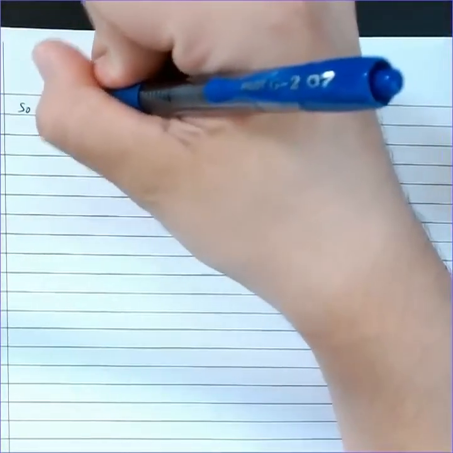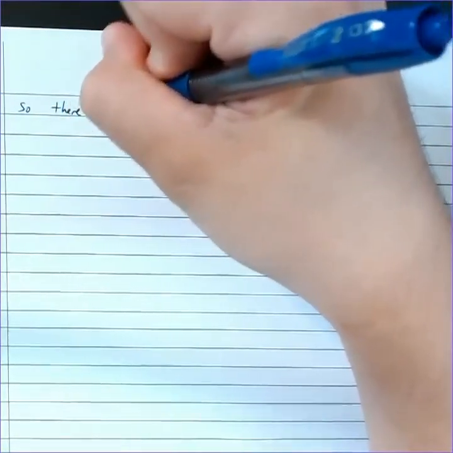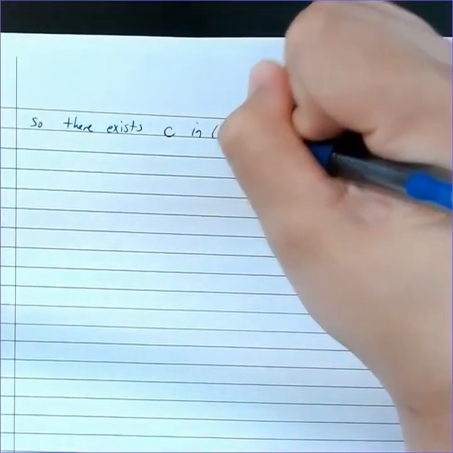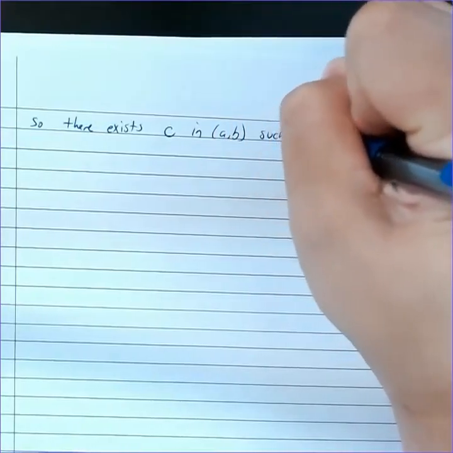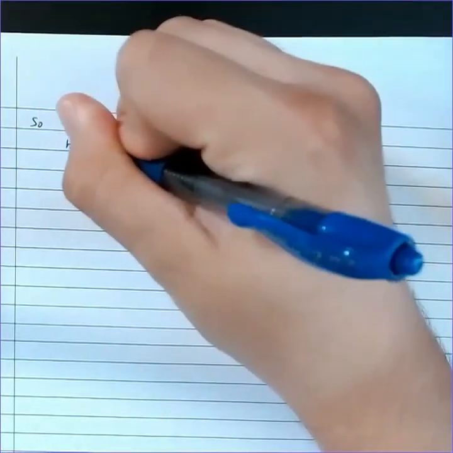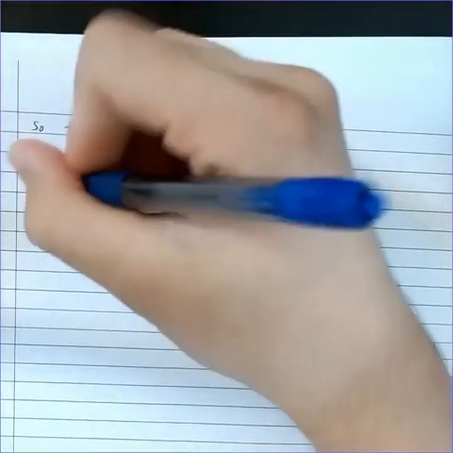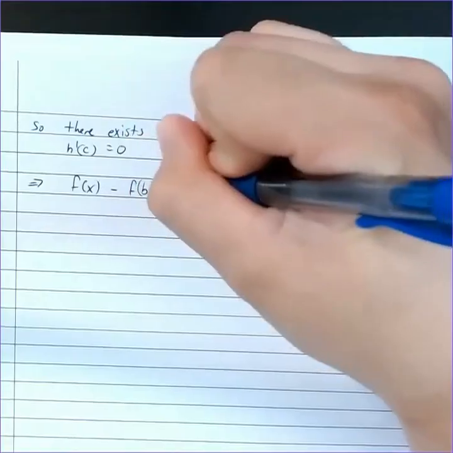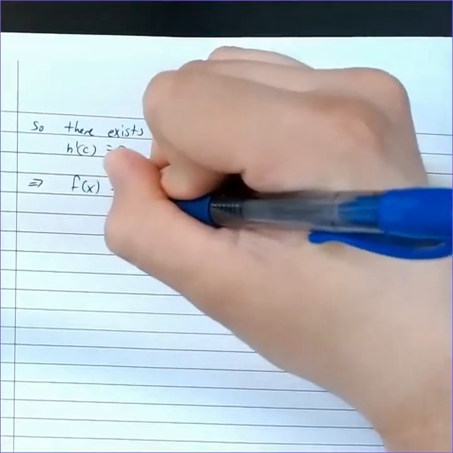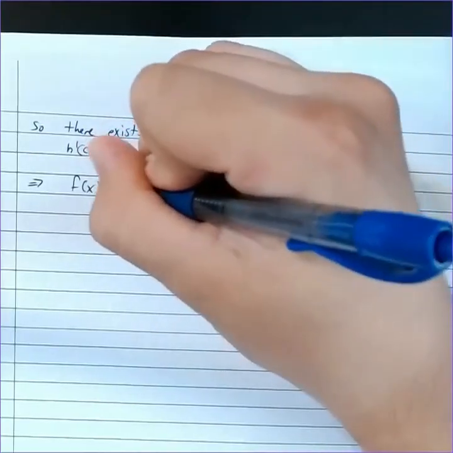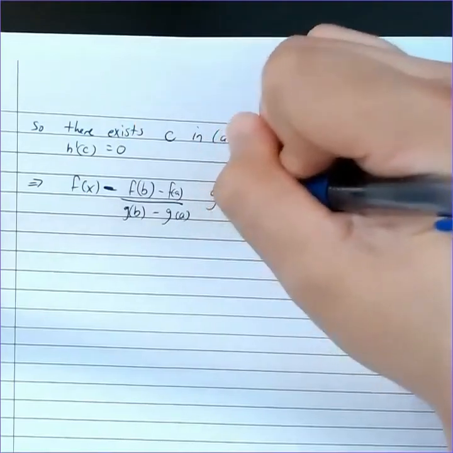So there exists some value c in the interval from a to b such that h prime at c is equal to 0. Well, yeah, but we know what h is. H is f at x minus f at b minus f at a over g at b minus g at a times g at x.